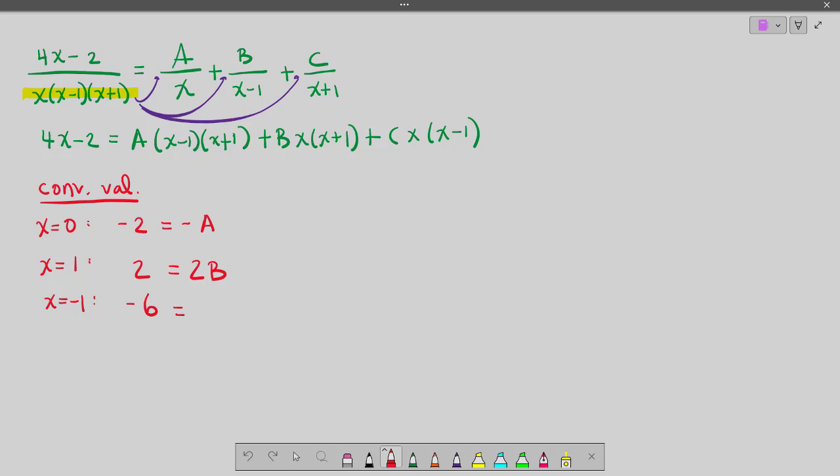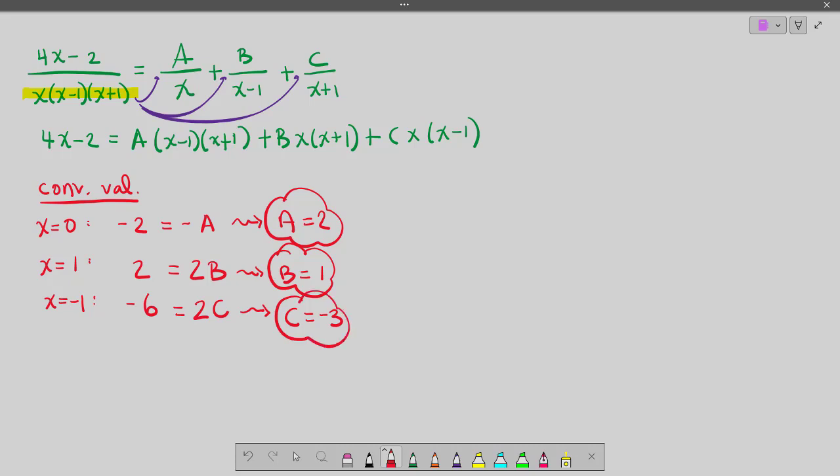So positive 2 times c. And wow, yeah, that is convenient. We end up with a equals 2. We end up with b equals 1. And we end up with c equals negative 3. So we get to those values quite quickly with the convenient value method.